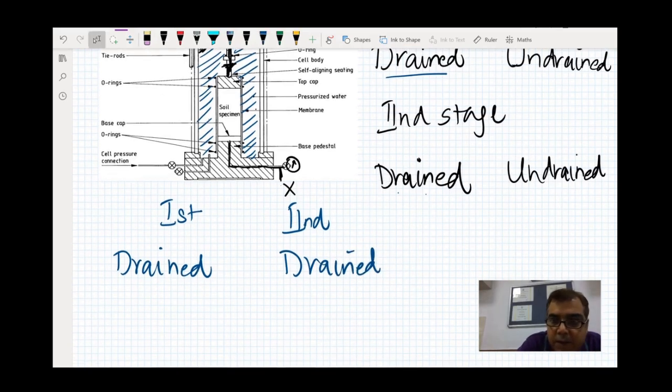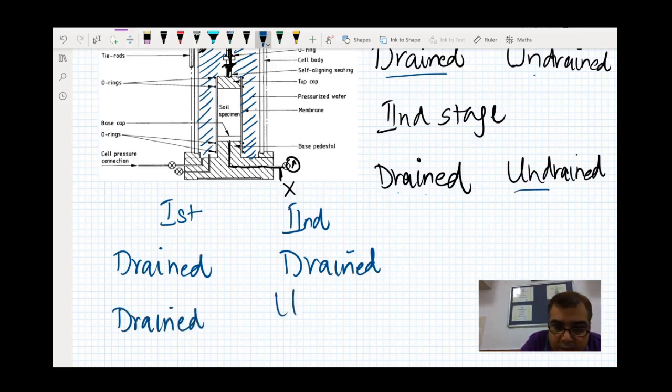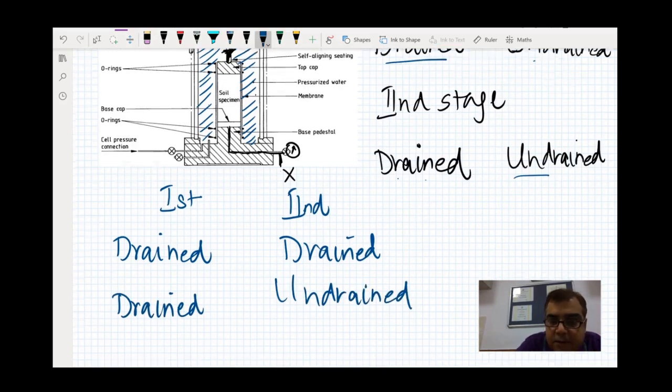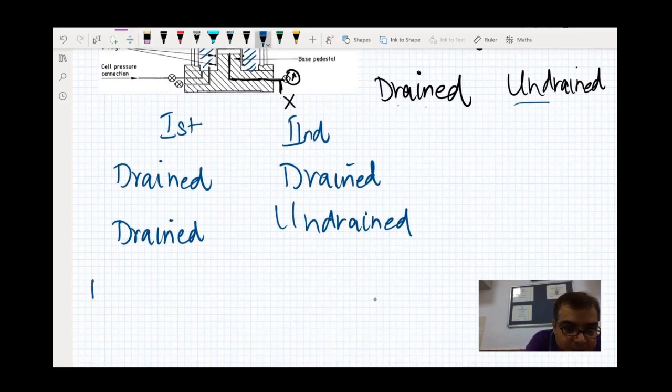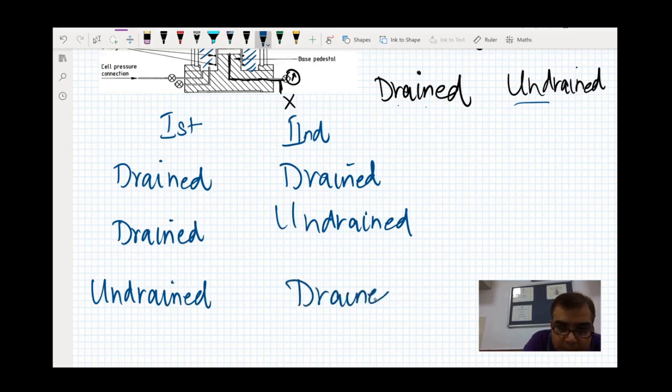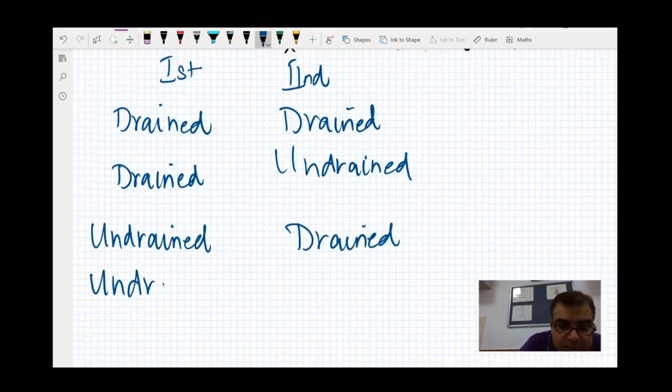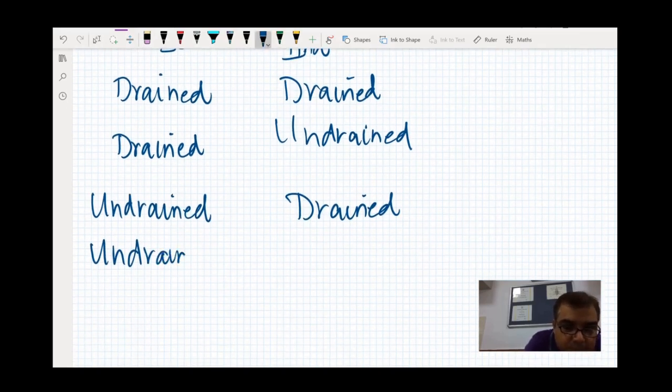Then from the first stage, I have drained, but in the second stage, I have chosen undrained. That's another different test. Or from the first stage, I have undrained, and in the second stage, I have drained. Or from the first stage, I have undrained again, and in the second stage, undrained.